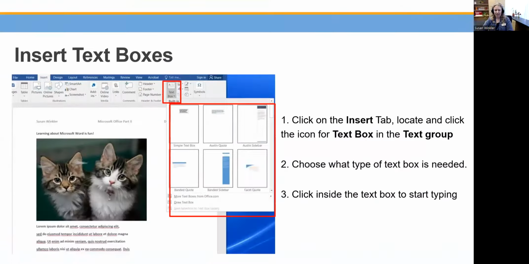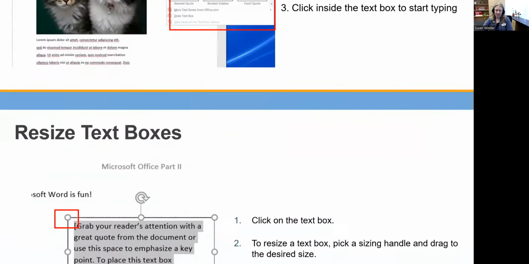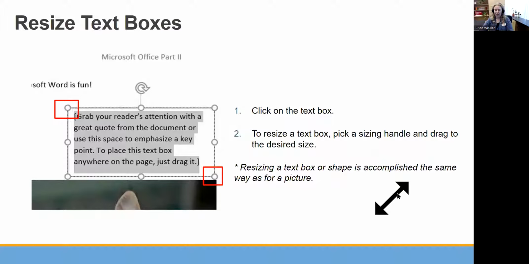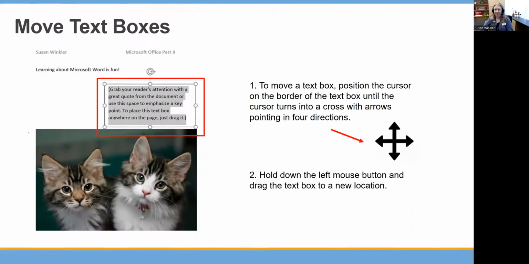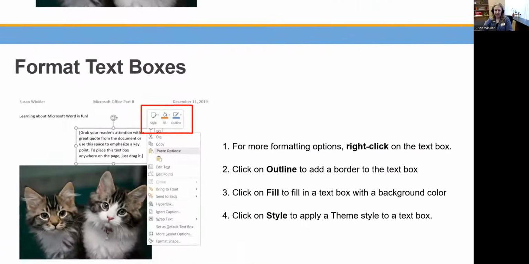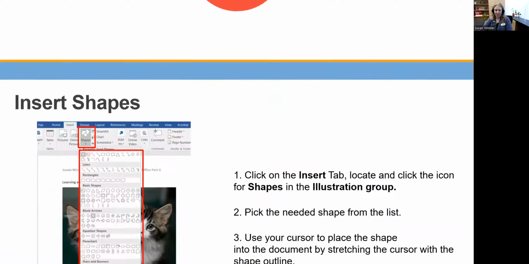Then there are text boxes and resizing text boxes. So here's what that arrow is supposed to look like when you're resizing something, where it goes left and right, but also up and down at the same time. And when you're moving, it should look like this, with arrows going in the four directions.